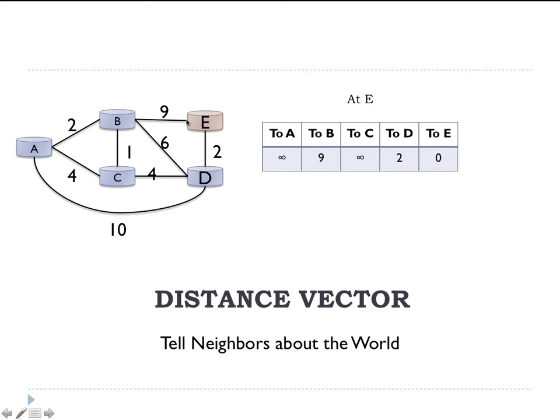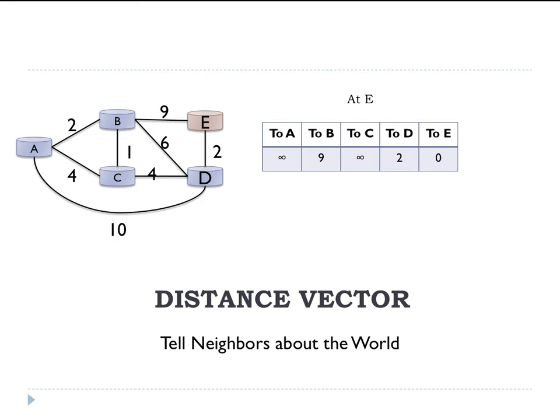And E is infinity to A because it's not connected. It is 9 to B, infinity to C because they're not directly connected, 2 to D, and 0 to E. Each node, by knowing local information, can create a distance vector that's going to look like this. It's the cost of that node going directly to that node, and if it's not directly connected, it's infinity, and the cost to itself is 0.